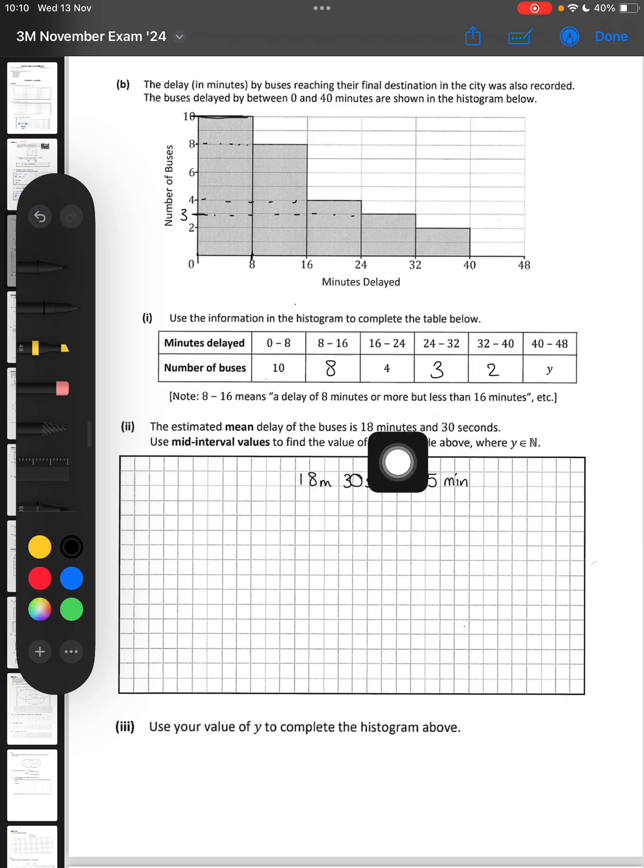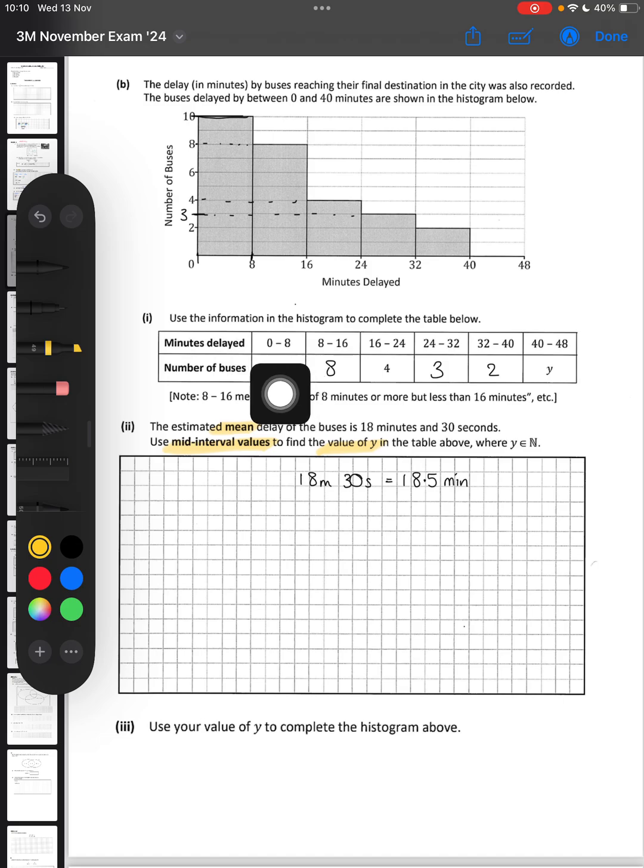So straight away I'm now on the correct units for what the question has been talking about. Now it says use mid-interval values to find the value of y in the table above. So we are looking at a mean. They want us to find the mean so that we can find y, using our mid-interval values.